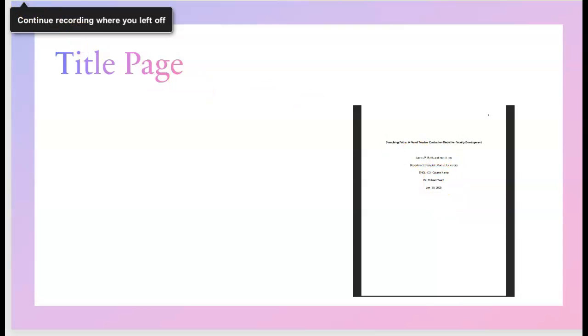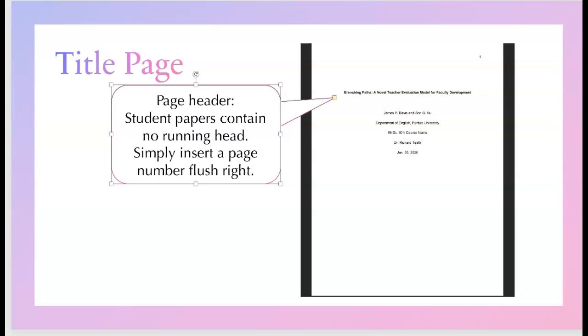So on your title page, I'm going to be looking for two things. And the first is a page number in the upper right-hand corner. Remember, there is no running head in the upper left-hand corner. Simply insert a page number right here.